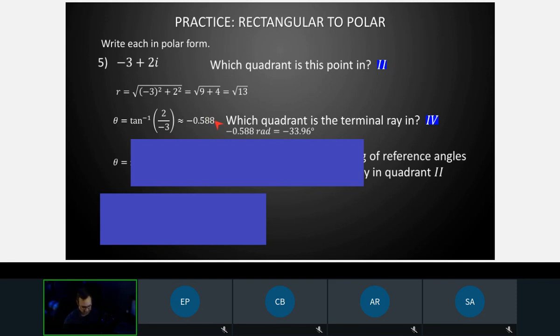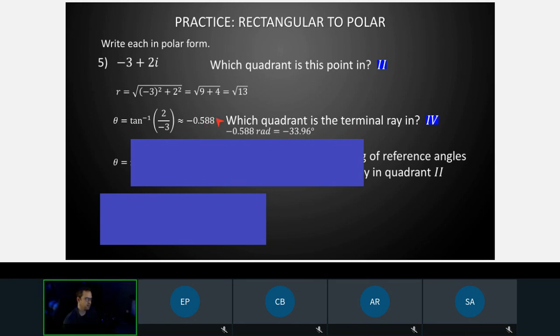But because pi is not part of it, it's in quadrant 4. Pi over 2 is 3.14 divided by 2, so that's like 1 point something, right? In order to rotate past 90 degrees, you must go past that 1 point whatever radians. Easy mistake, right? Because there's no pi there.